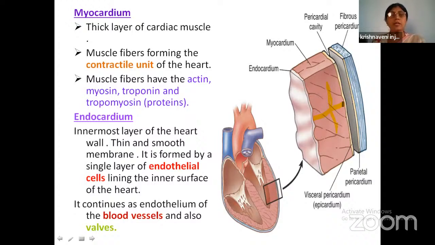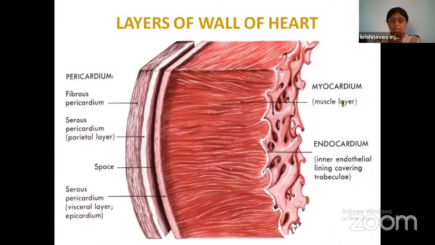So this is about the external structure. That means walls, how they are made up of. Yes, next, here one diagram is there. You can see thoroughly here. Layers of wall of heart here. See what we have gone through so far. This is the first layer, fibrous pericardium, and then second layer is serous pericardium.